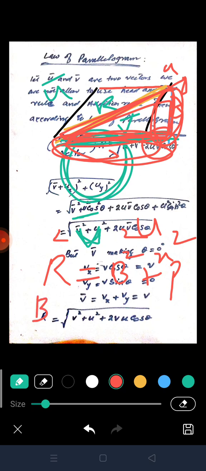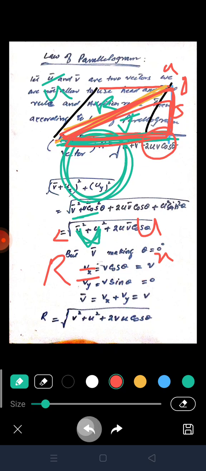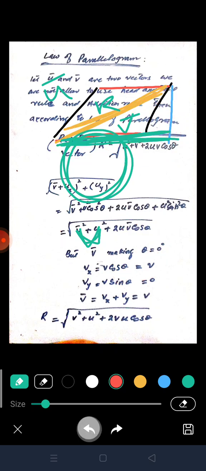Now we cannot apply the Pythagoras theorem here. Therefore, we draw a perpendicular, because it is a parallelogram. So we draw a line, and this line contains the vector.